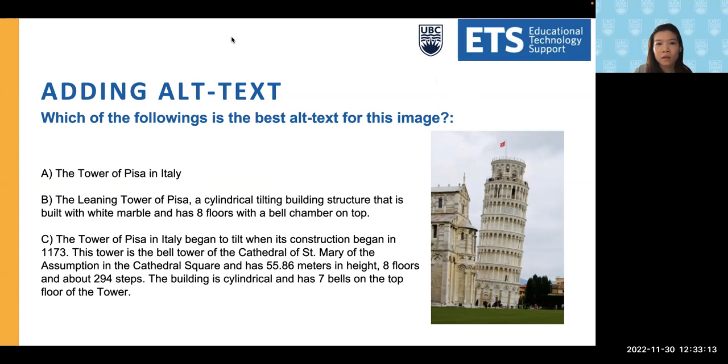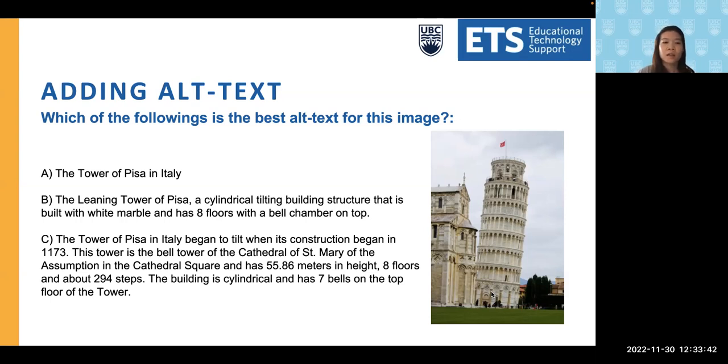Okay, I think we got someone picked B as the answer. So yes, that's actually the correct answer. Option A is not descriptive enough to let a person with visual impairments who hasn't seen the Tower of Pisa know what it looks like.